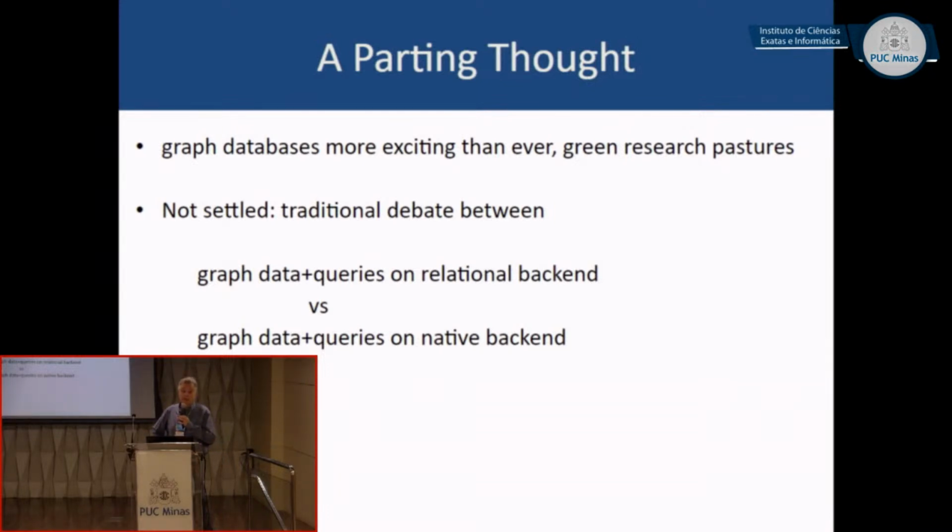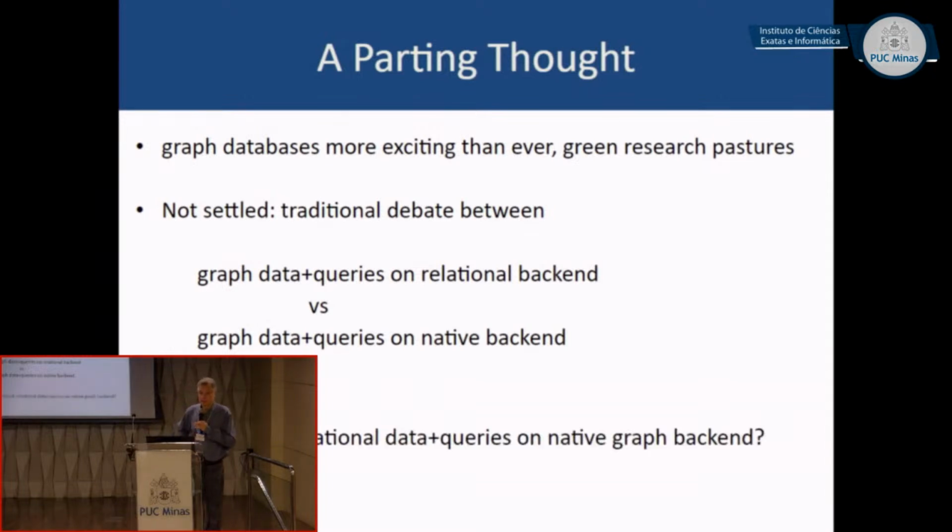As we've already grown accustomed to, there is this debate that was never settled and is now raging more heatedly than ever. Do you do graph database storage and querying on relational backends or on native, customized ones? However, here is another intriguing thing to consider.